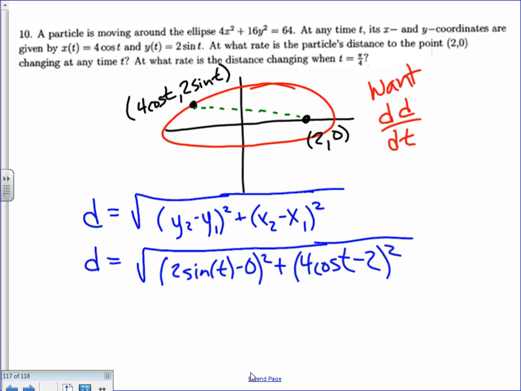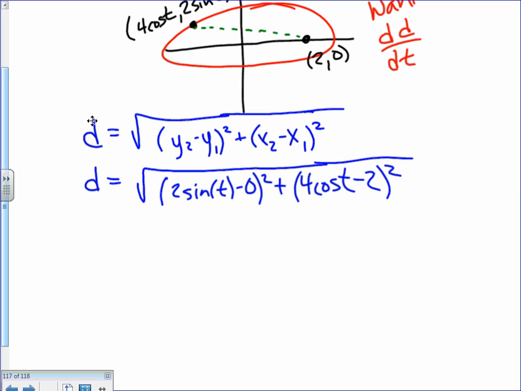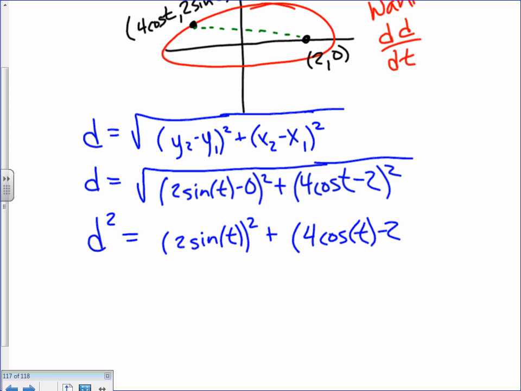Now, when we want d'(t) and we have this, we're going to need to take the derivative. I'm going to save myself a little work by getting the square root out of here, by squaring both sides and going back to what looks like the Pythagorean theorem, because that's what it is. Going back to d squared equals (2 sine t) squared plus (4 cosine of t minus 2) quantity squared.